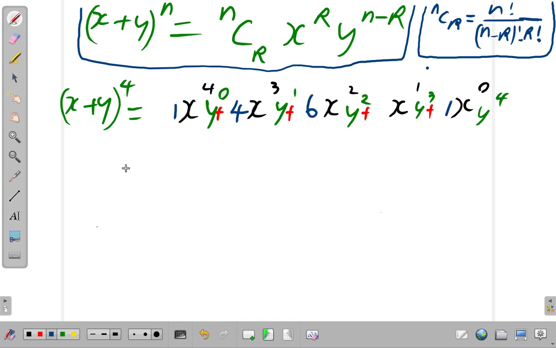The formula says we have NCR, x to the r, y to the n minus r. What we have is x to the 1, y to the 3. The fact that you have x to the 1 means r is 1. So we replace this r with 1. This is an r too, so replace this r with 1.